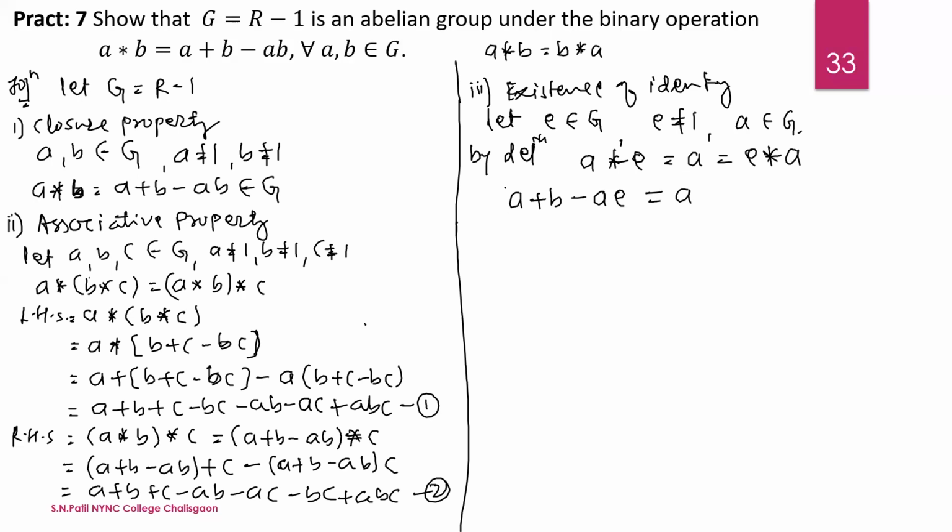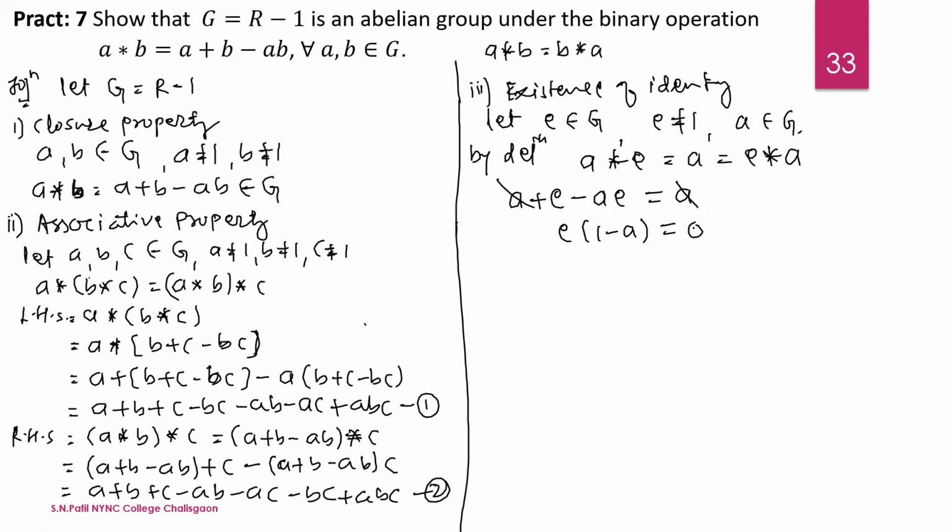Now a star e is equal to a. The first is their addition, a plus e, minus ae, equals a. Now here a cancels. The remaining terms are e minus ae, in which e is common: e times (1 minus a) is equal to 0.